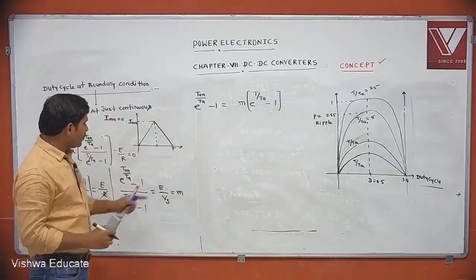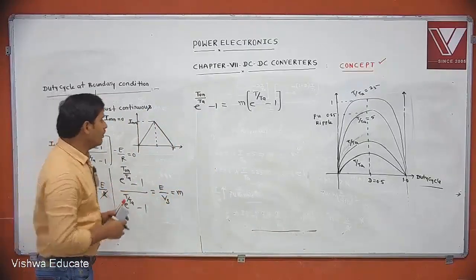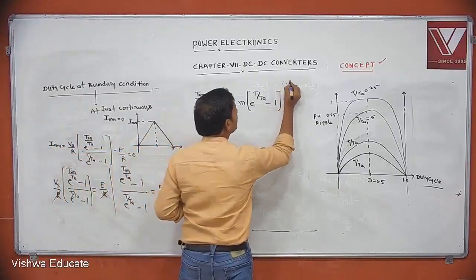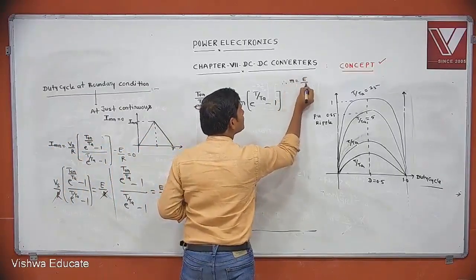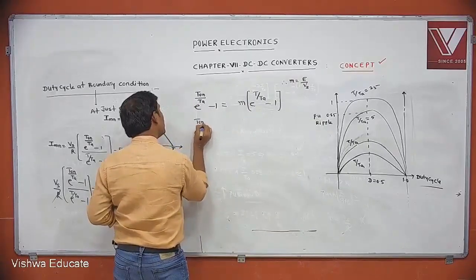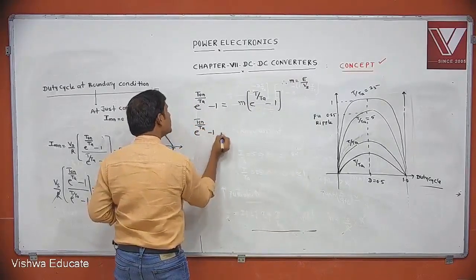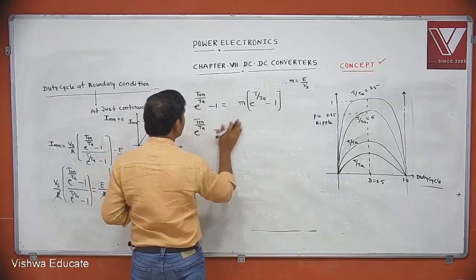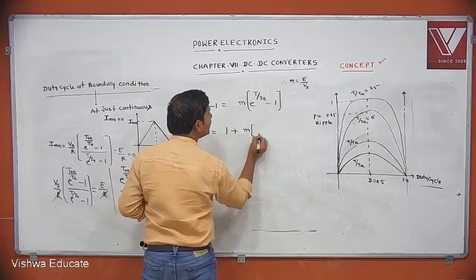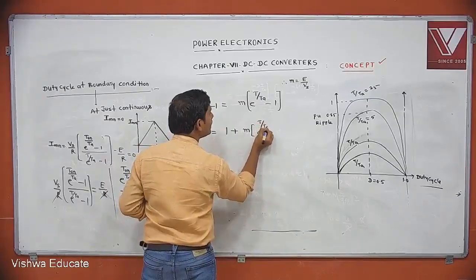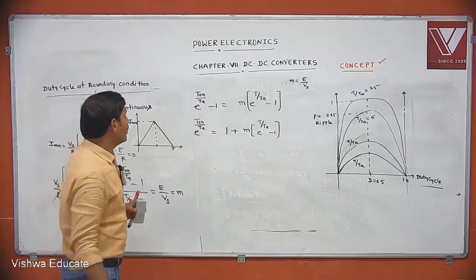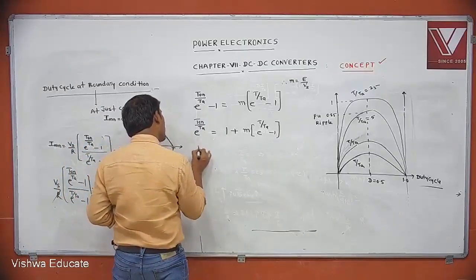I am assuming that E by Vs is M, where M is E by Vs. Then e power T on by Ta equal to 1 plus M into (e power T by Ta minus 1), bringing the 1 to this side. Now take natural logarithm on both sides.